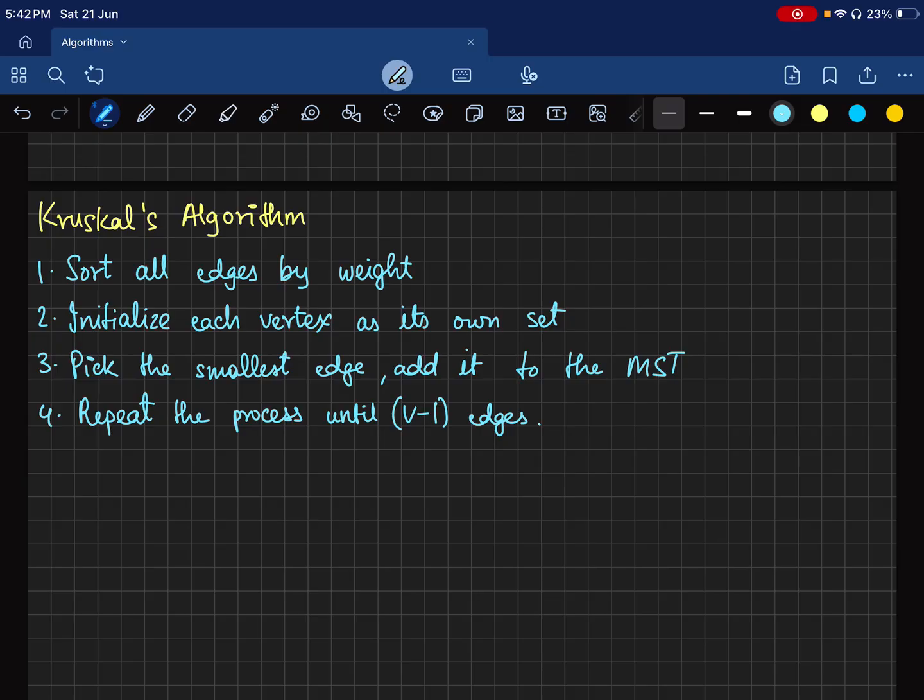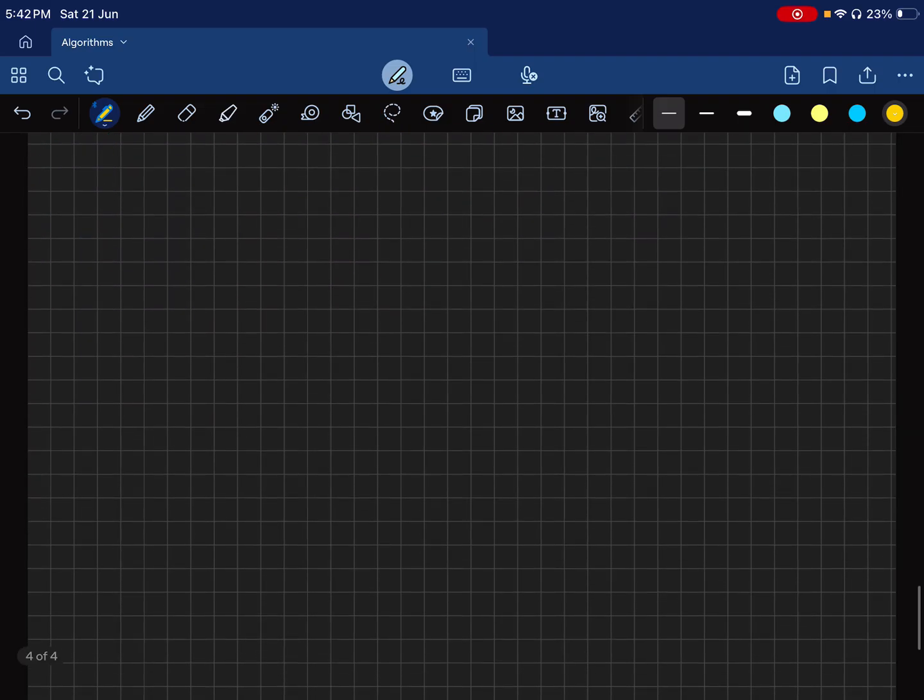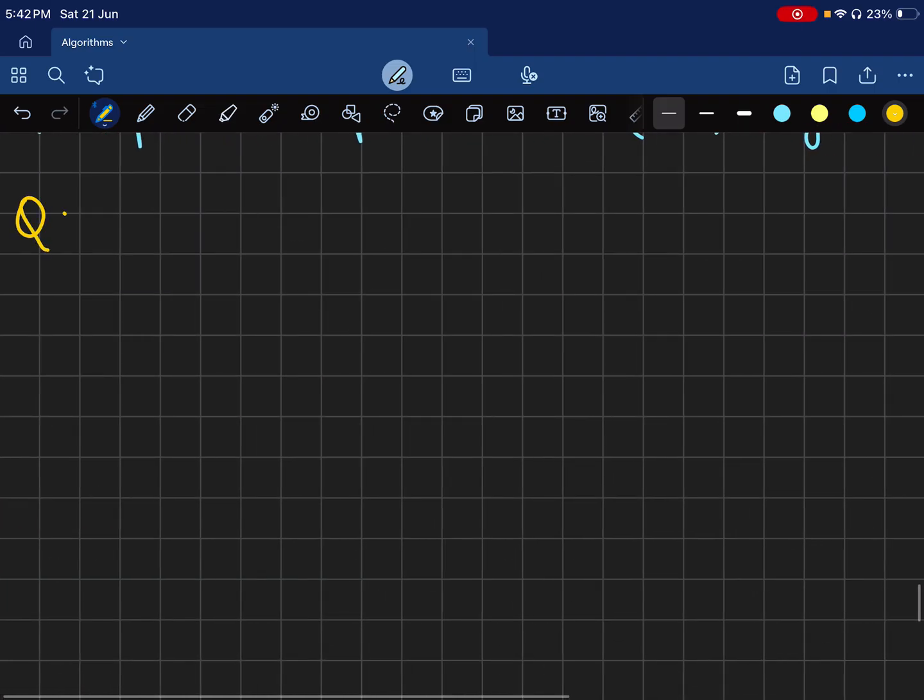Okay, so now let's do a question to understand this topic better. The question is as follows. We have the same graph that we did for Prim's.